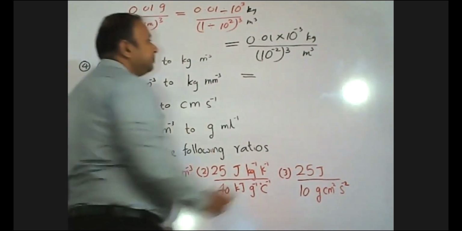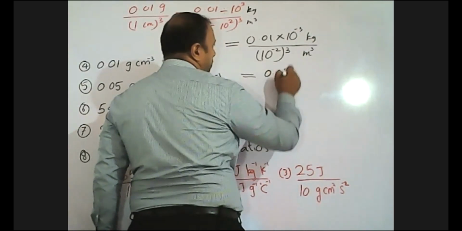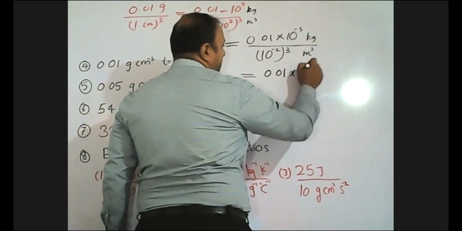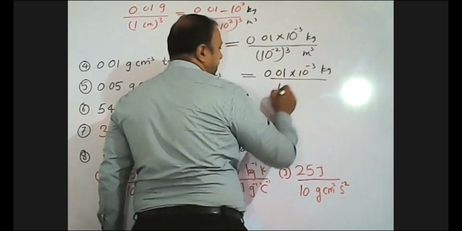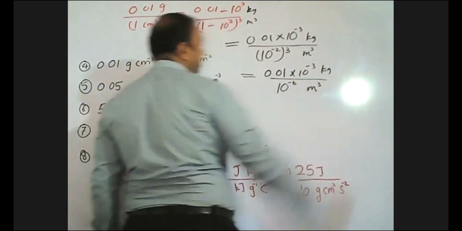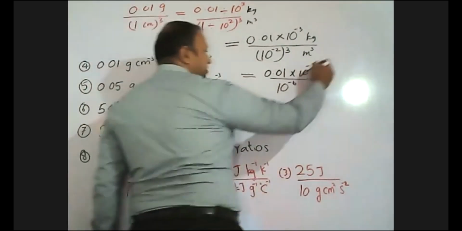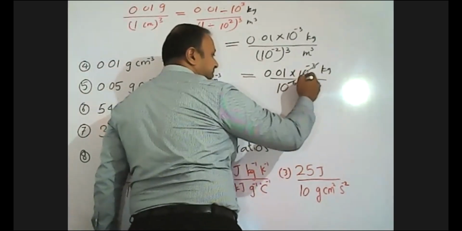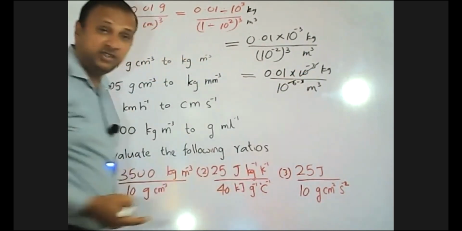Then there are 0.01 and 10 to the power minus 3 kilogram over 10 to the power minus 6 meter. Again, 10 to the power minus 3 will be cancelled out with 10 to the power minus 6. Then there will be 10 to the power minus 3.